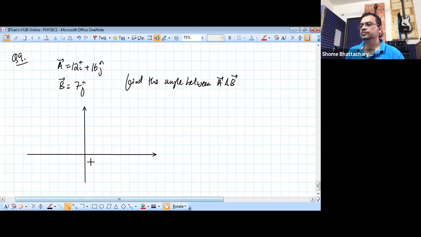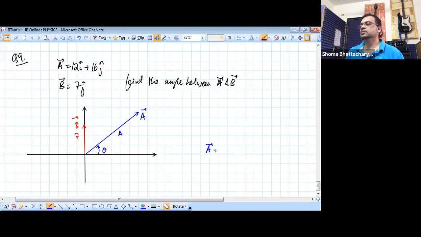The vector B, when you draw, will be just like this. So there's nothing challenging about it. It's just a vector of magnitude 7 along the y-axis. The vector A is the one you have to analyze a little bit, to see what kind of vector it is. When you analyze it, you realize A is a vector like this. So for A, you can find out these two things. What are these? This angle, let's say, theta.